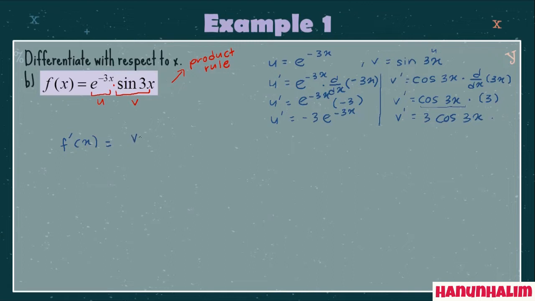The formula is v u prime plus u v prime, and then just substitute. V is sin 3x, u prime is negative 3 e to the power of negative 3x, plus u, e to the power of negative 3x, multiplied with v prime, which is 3 cos 3x. Okay, so that is done for the first stage, which is differentiating.